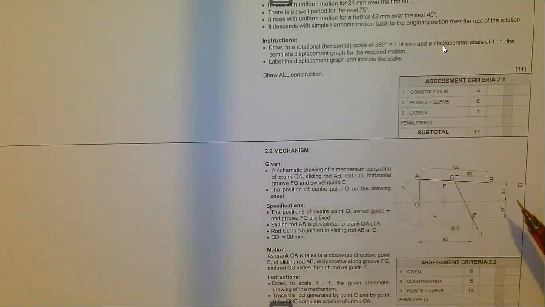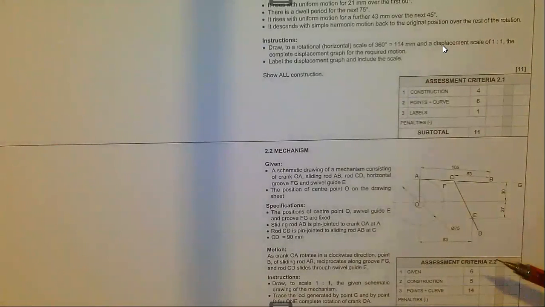Then rod CD, we have got C and D, right? Rod C to D, which would pass through point E. So we have got C to D, which should pass through point E, like horizontal groove FG, I've already talked about that.